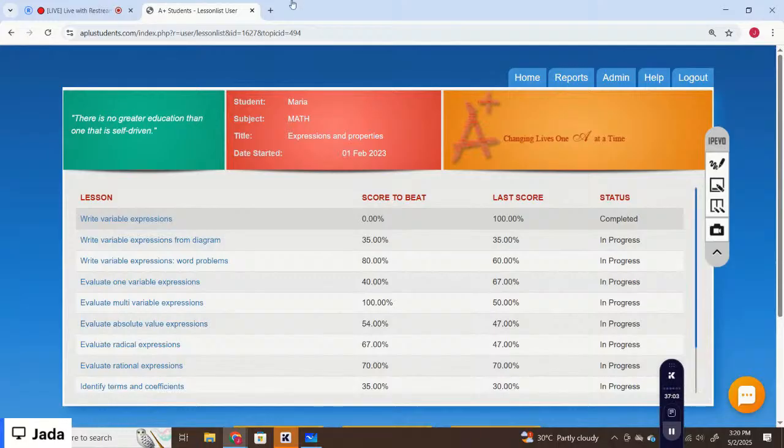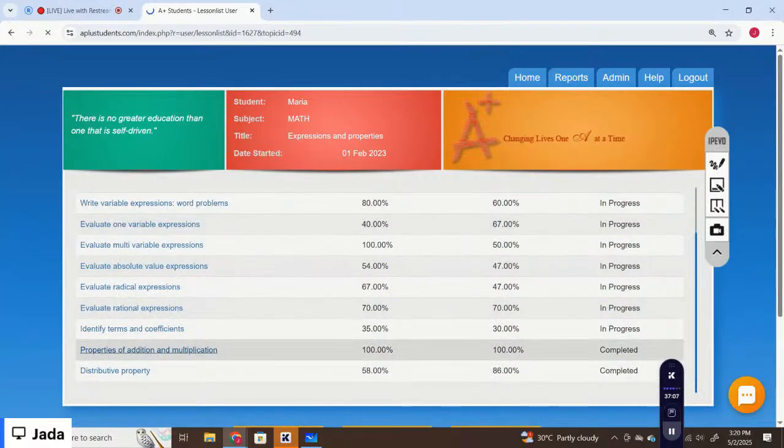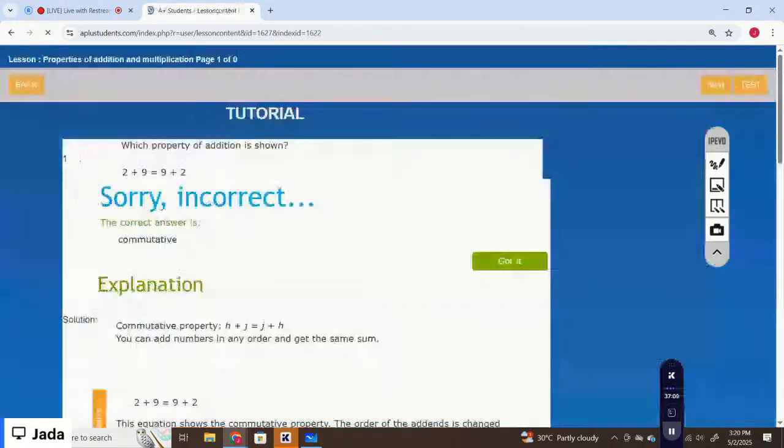The next lesson is properties of addition and multiplication.